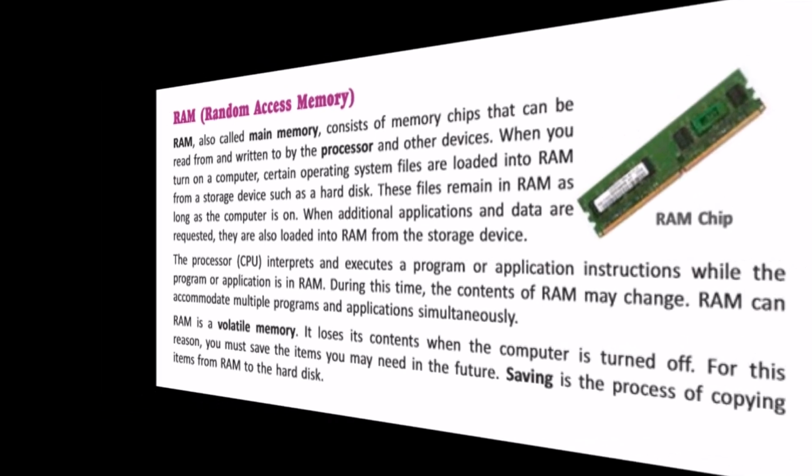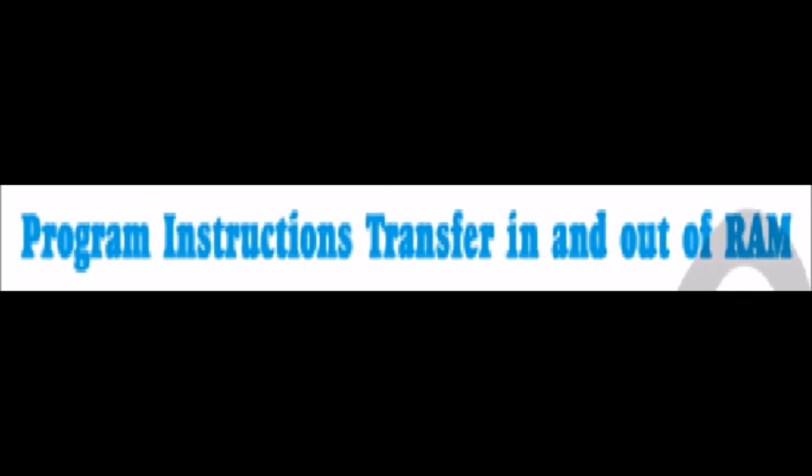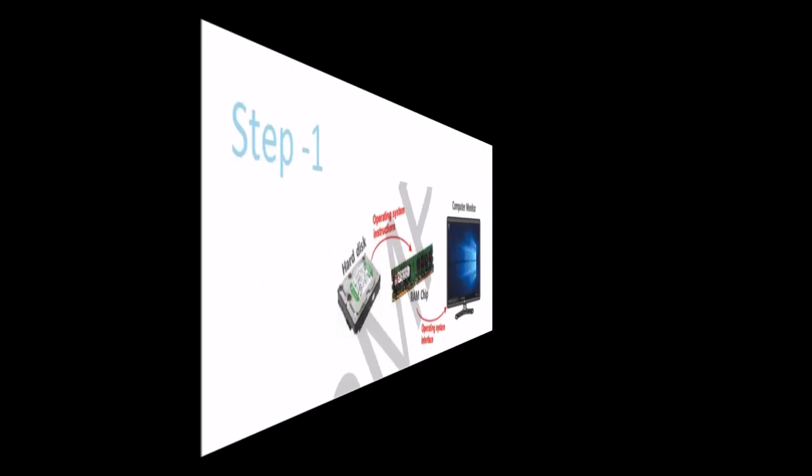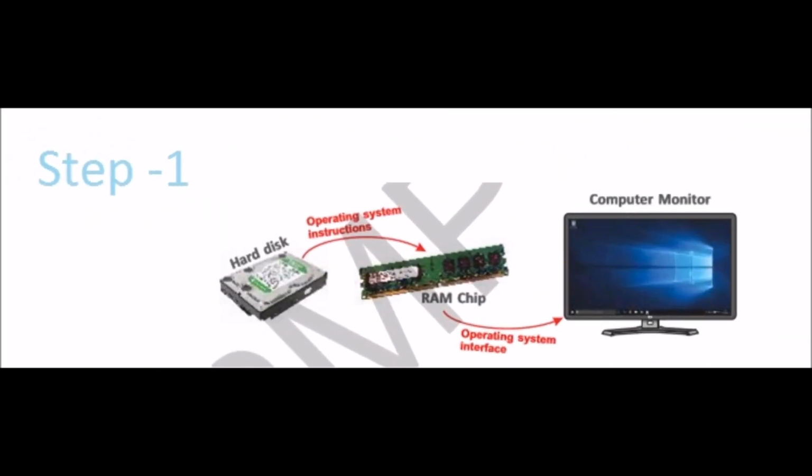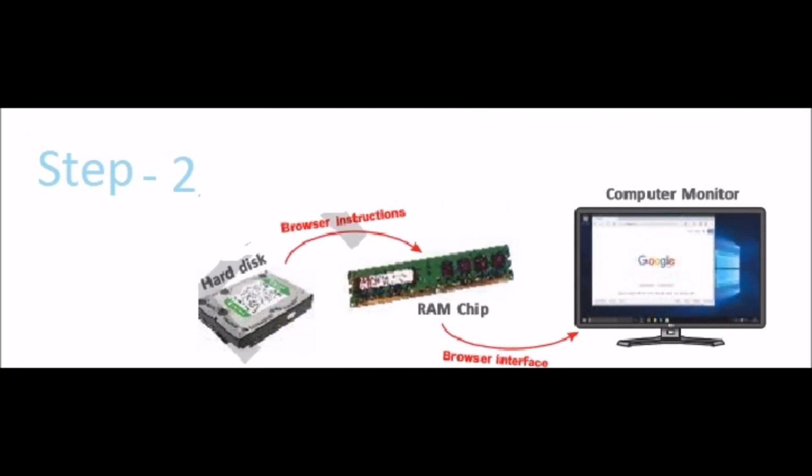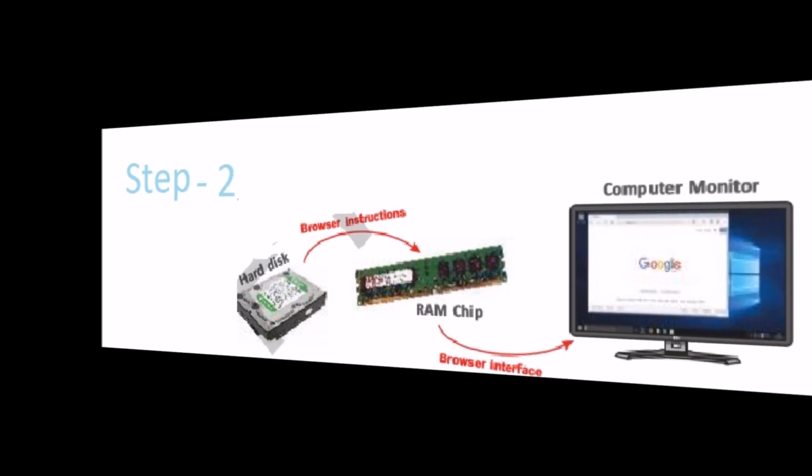Now we will analyze the program instructions transfer in and out of RAM. Let us try to understand it step by step. In step 1, we start the computer and certain operating system files load into RAM from hard disk as shown in the figure. Then in step 2, when we run any application, instructions regarding that application are loaded in the RAM.